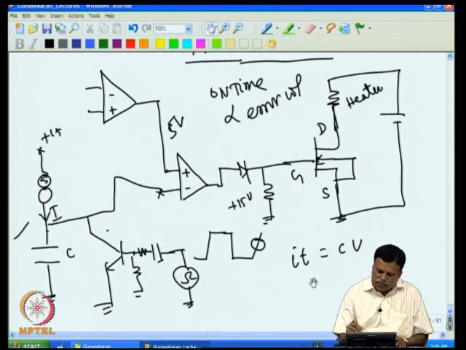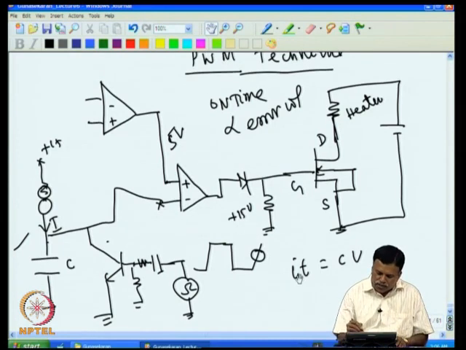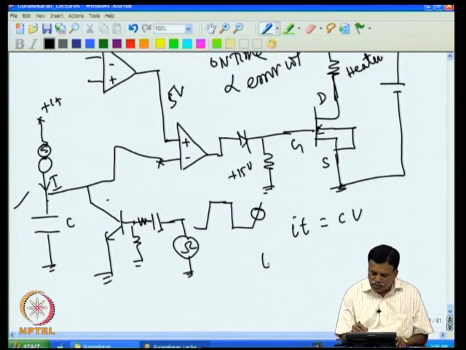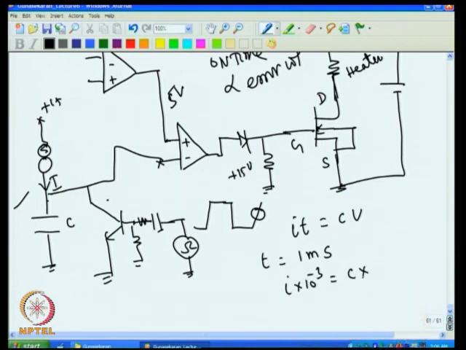For example, if I want T equal to 1 millisecond, so the time period of the square wave generator is 1 millisecond, and I want 10 volt as the peak of the sawtooth, then I can take 10 and select I and C. If I fix C, I is automatically determined.